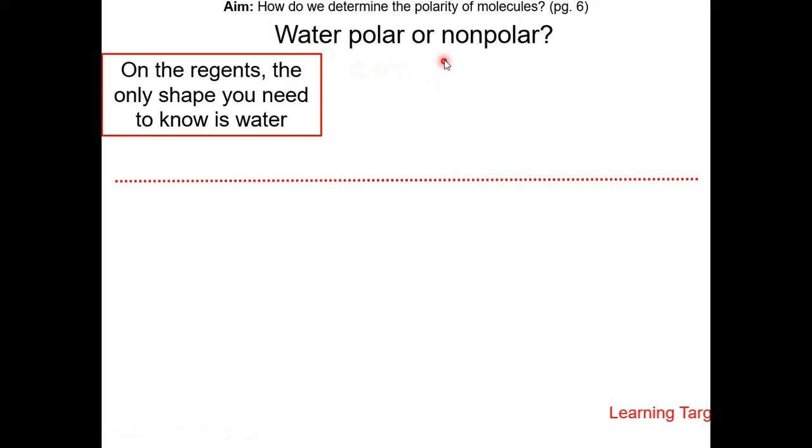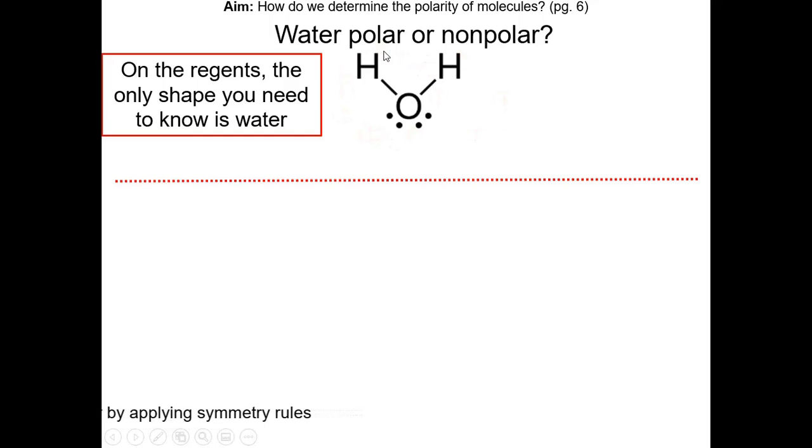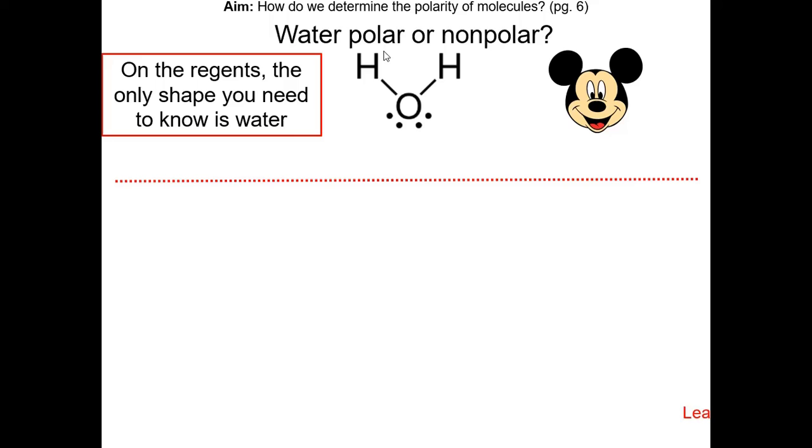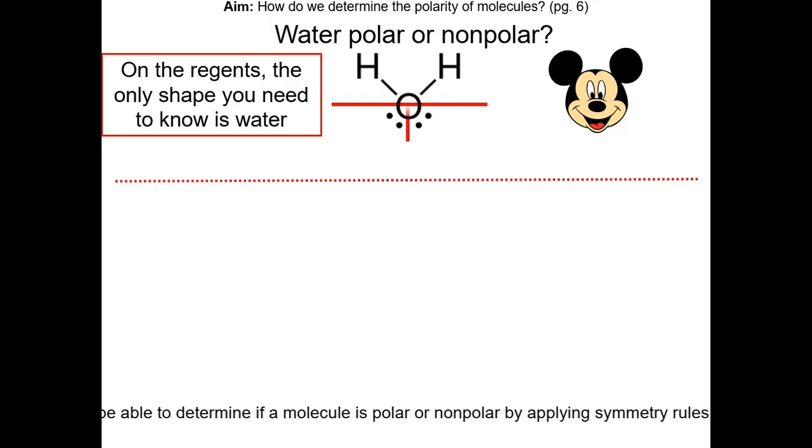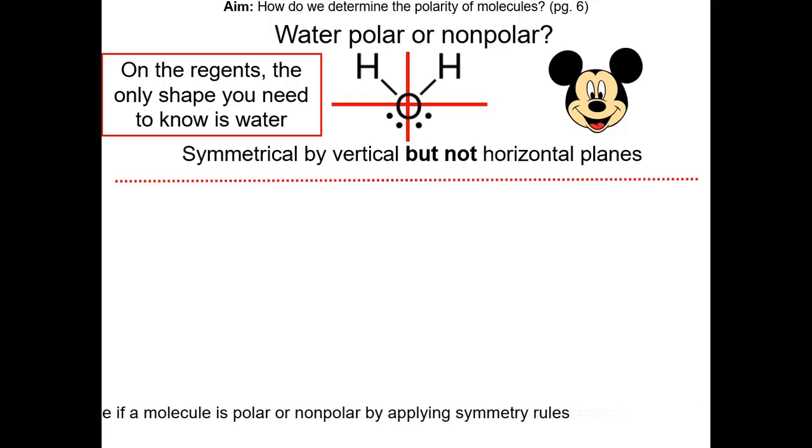Let's do another example. Is water polar or nonpolar? On the regents, the only shape you need to know is water. Water has a bent shape. In case you ever forget, it's the same shape as a Mickey Mouse head. So we're going to use the two methods again. Does water have both vertical and horizontal symmetry? As it turns out, it only has vertical, but not horizontal. Therefore, it's considered polar.